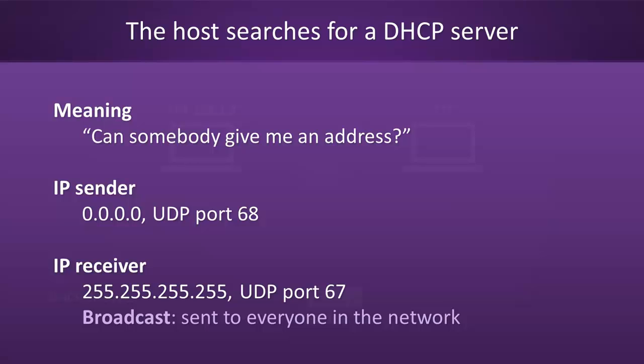Since our new host does not yet have an IP address, the sender field of this packet will be set to 0. The receiver field will be set to 4 times 255, which will cause the packet to be broadcast over the current network. One last thing about ports before we move on. UDP port 68 is reserved for DHCP clients. UDP port 67 on the other hand is reserved for DHCP servers.